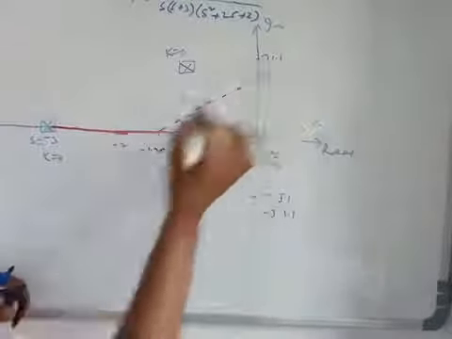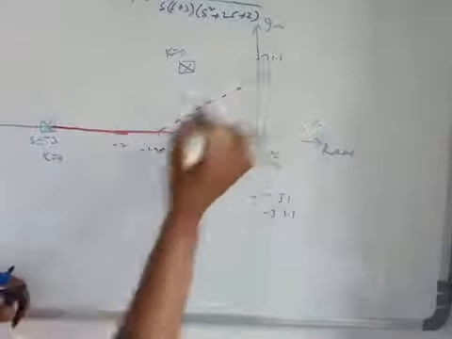The four angles you can try with the protractor, and there is a breakaway point at, say, minus 2.63. This is your breakaway point. Here you will have a branch like this, right? So this is k is equal to infinity, this is k is equal to infinity, this is fine.